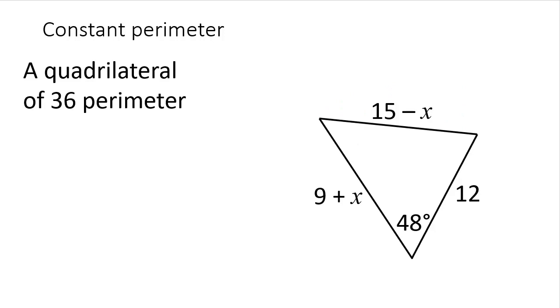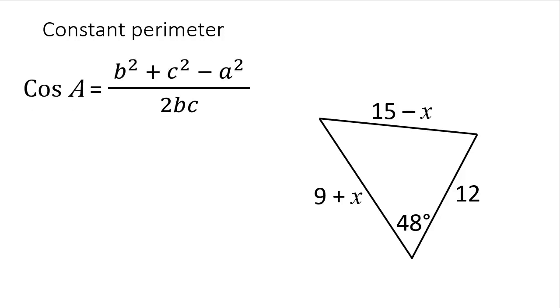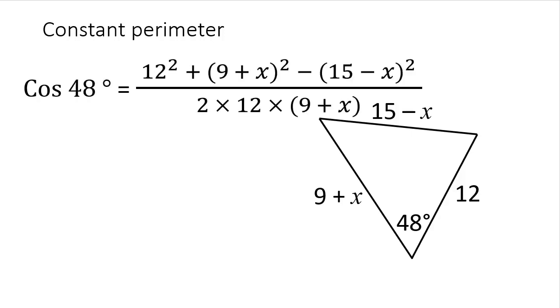Well, we've got 4 pieces of information, so we can check what x must be to make this triangle true. And I'm going to use the cosine rule. I'm going to use it in the cos angle formulation, although you can use the other version of it too. So we have this must be true for the triangle. I'm going to stick in my values, so that must be true.